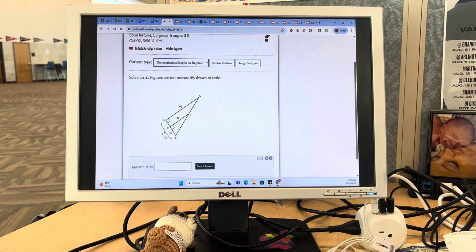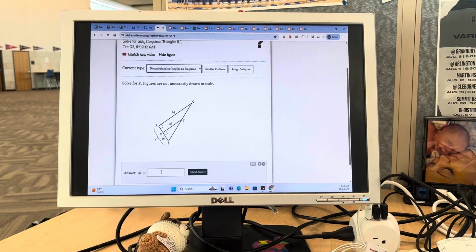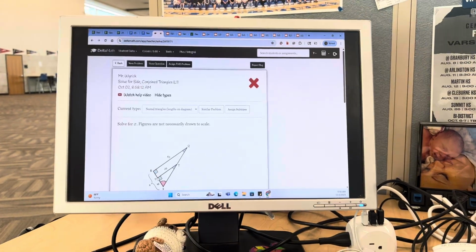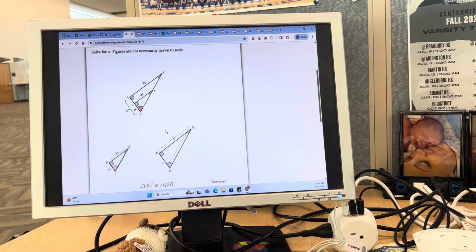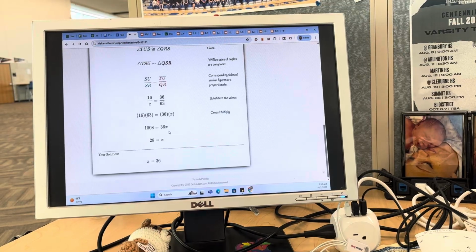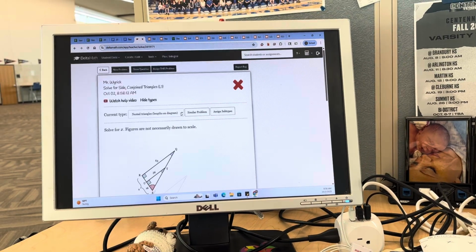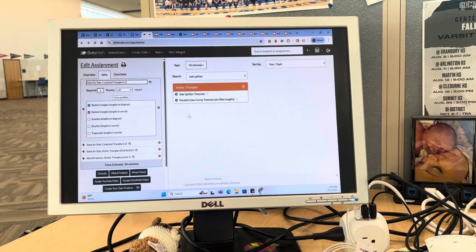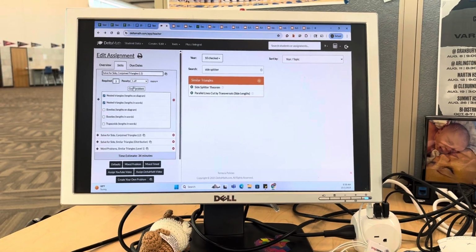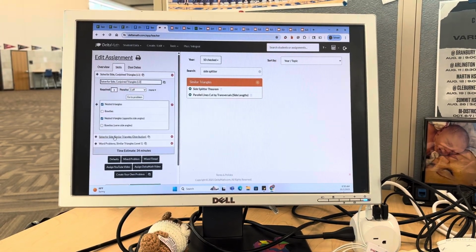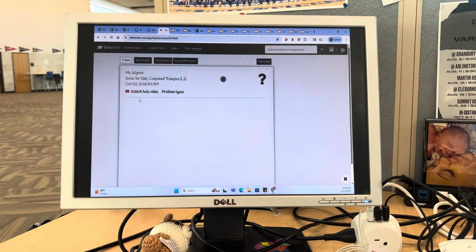So 4 times 9, this side over here is actually going to be 36. Oh, oops. That's what I get for trying to work too fast. Should have been 28. 7 times 4, yeah, that makes more sense. So, again, we're working our way through this. This one right here, same kind of thing.